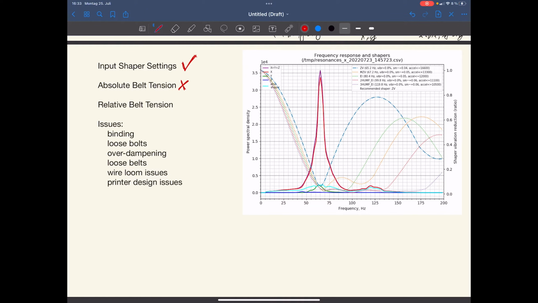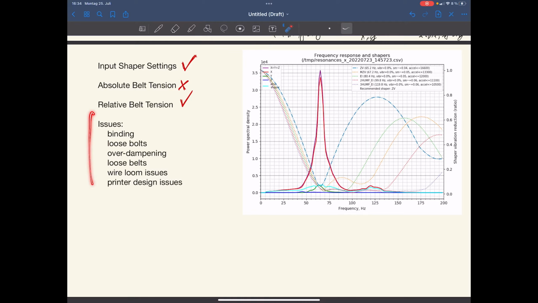We don't know from those graphs if the belt tension is too high or too low. Of course, if you go to really extreme measures, like really too low or really too high, we often see it in these graphs, but there's no telling from the graph alone. Relative belt tension on something like a CoreXY system, whether the A and B belts are close enough in tension, we can see easily on those graphs. And those are things which are really easy to see.